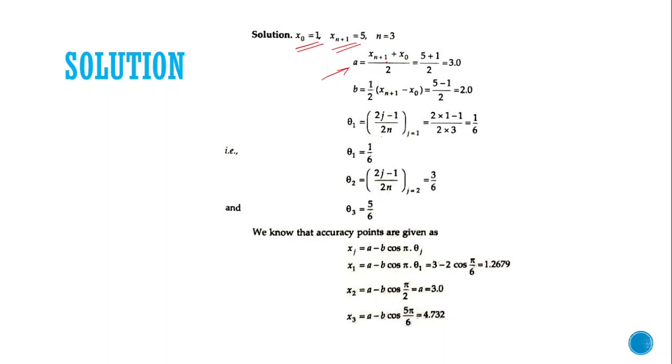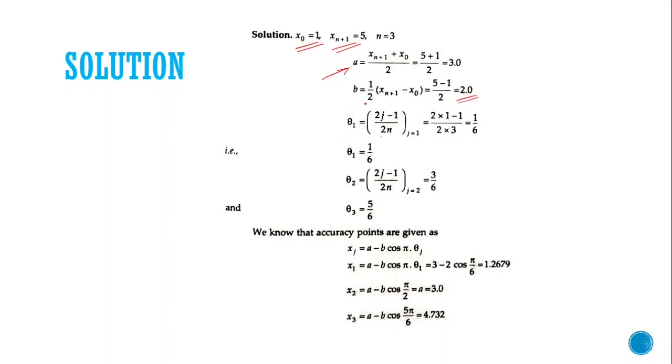We can calculate that A as 5 plus 1 by 2, that's equal to 3. Then B is equal to half into xn plus 1 minus x0. This is the equation for B. Then we can calculate that value as 2.